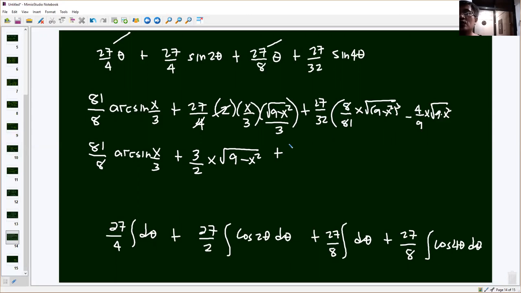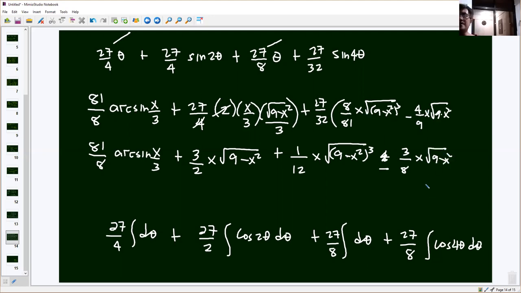So, 1 over 12 x square root of the quantity 9 minus x squared, na naka-cube yan. And then magiging plus. Minus pala yun. So, minus 8, then 3. So, 3/8 x square root of 9 minus x squared.